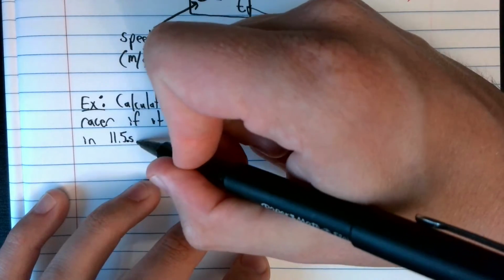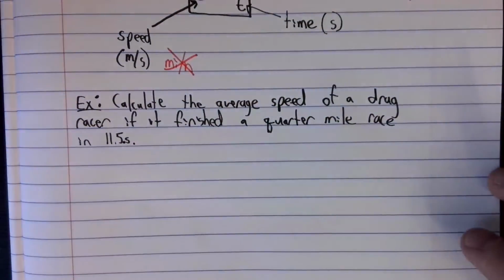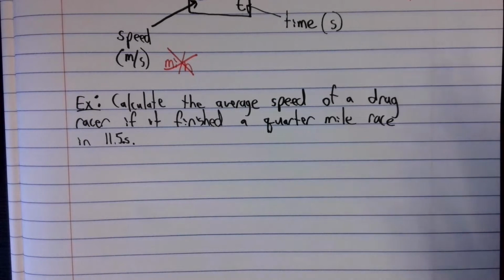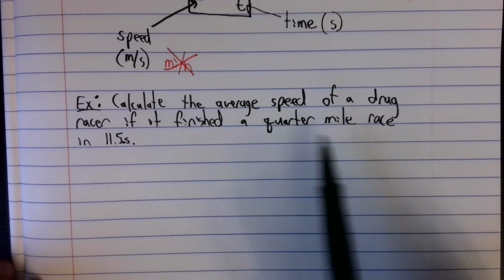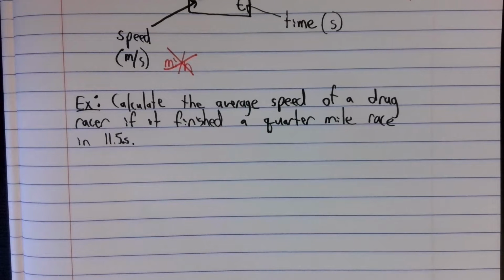Alright, I'll repeat that in case you're having trouble seeing. Calculate the average speed of a drag racer if it finished a quarter-mile race in 11.5 seconds.